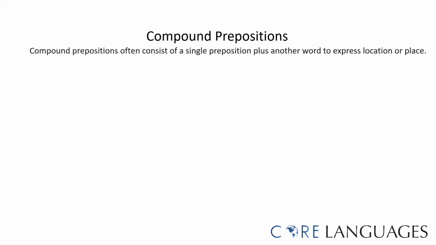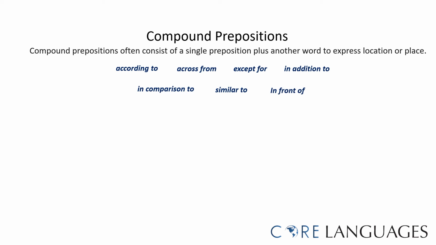Compound prepositions are also used to express location or place. They often consist of a single preposition plus another word or another preposition. For example, according to, across from, except for, in addition to, in comparison to, similar to, and in front of.